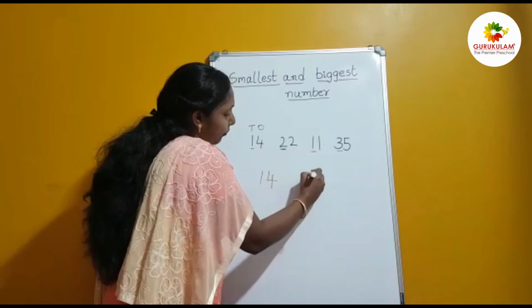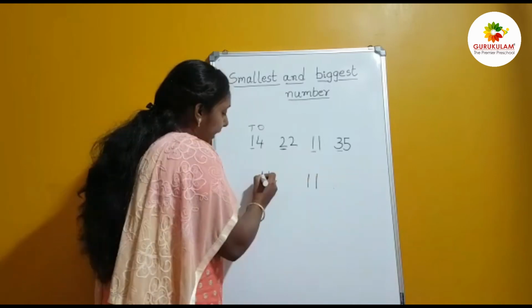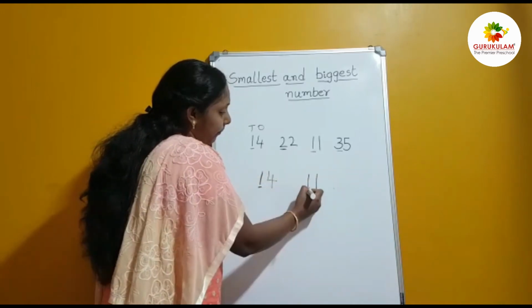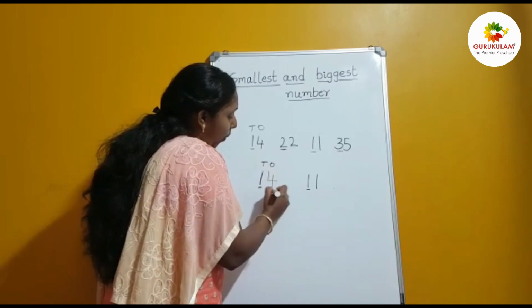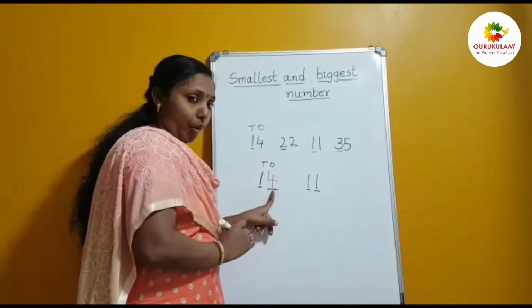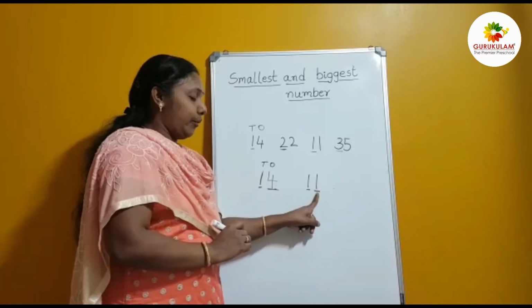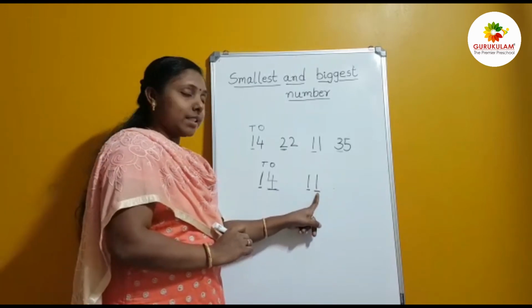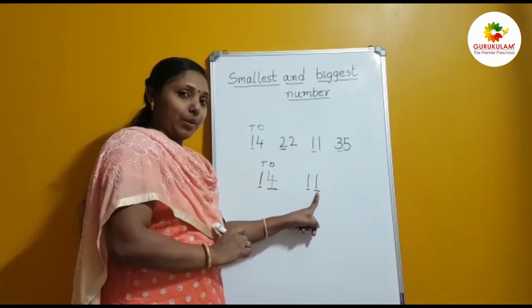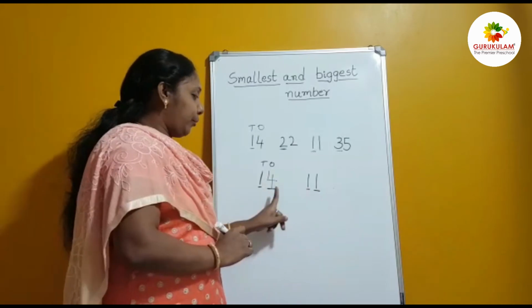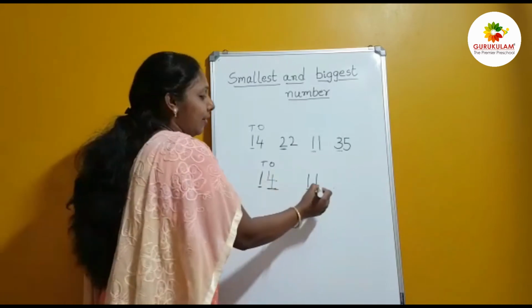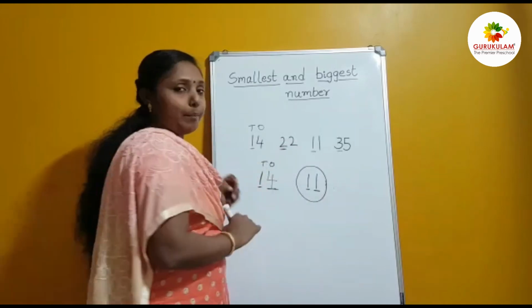When we compare 14 and 11, tens place is same. Now, find out ones place. Here 4, here 1. We know already 1 is closer to 0. So, when we compare 14 and 11, 11 is the smallest number.